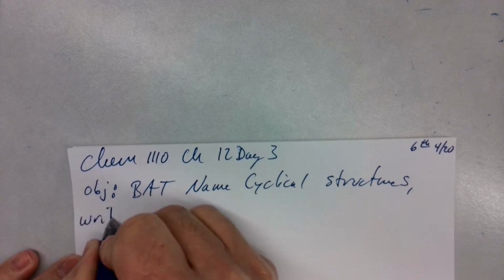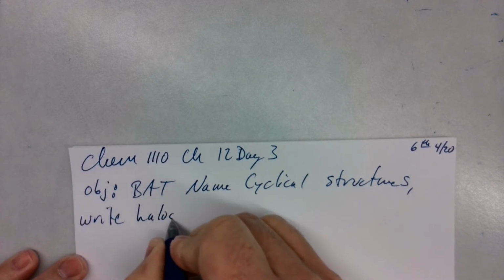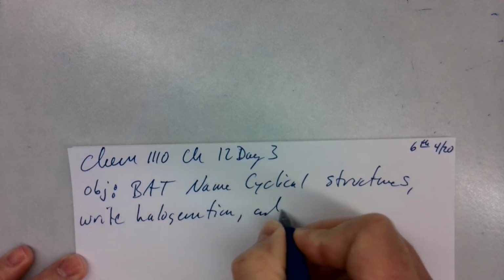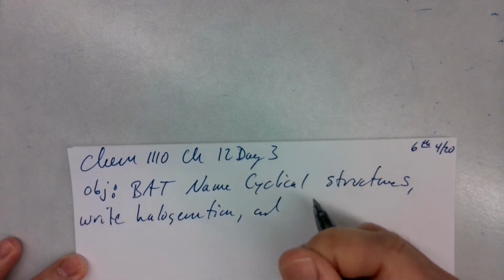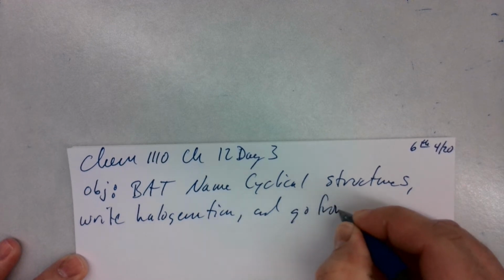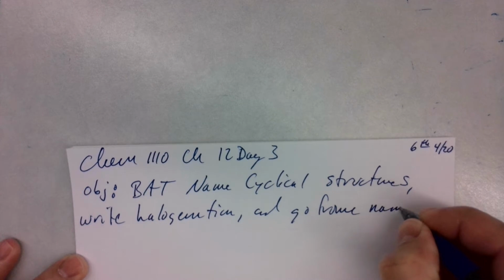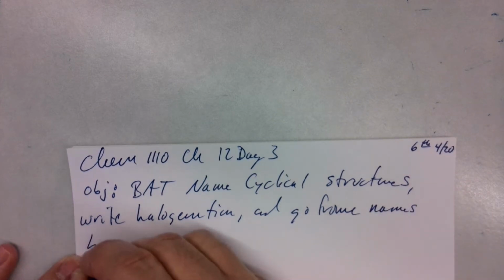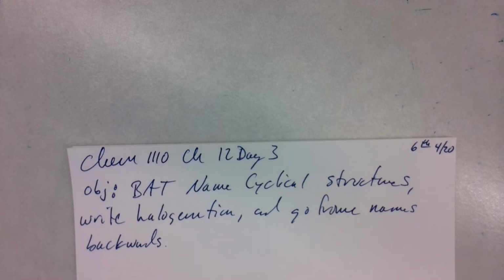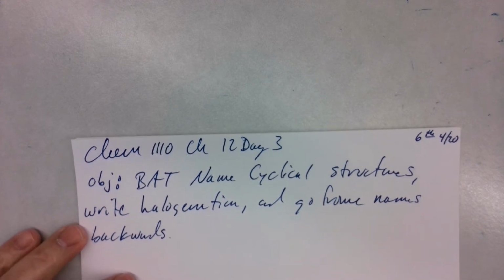We're going to write halogenation and go from names backwards. There are a couple I've noticed on the test where they gave you the name and want you to figure out what its skeletal structure looks like. So we are going to do that.